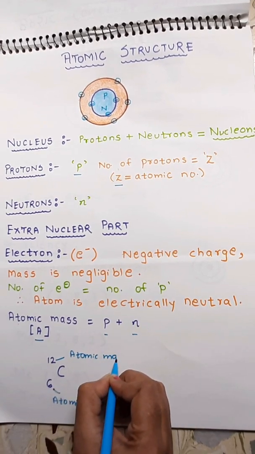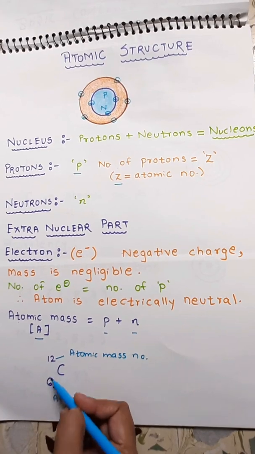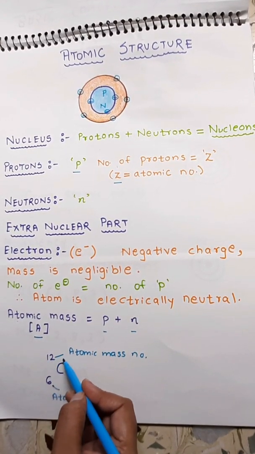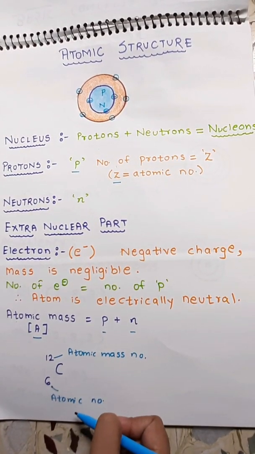Whenever you come across an element with numbers written up and down, the first number up represents the atomic mass number, and the number below represents the atomic number.